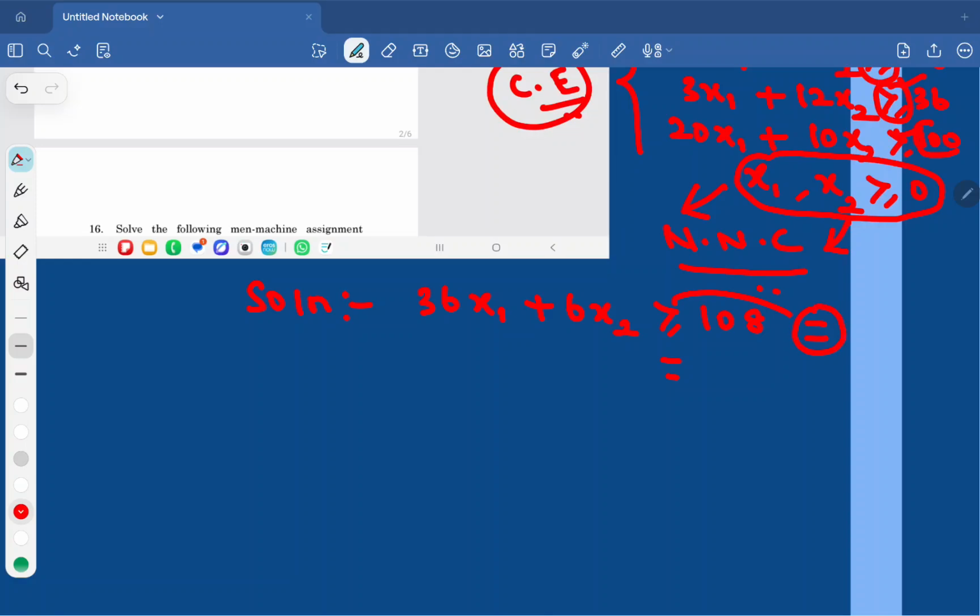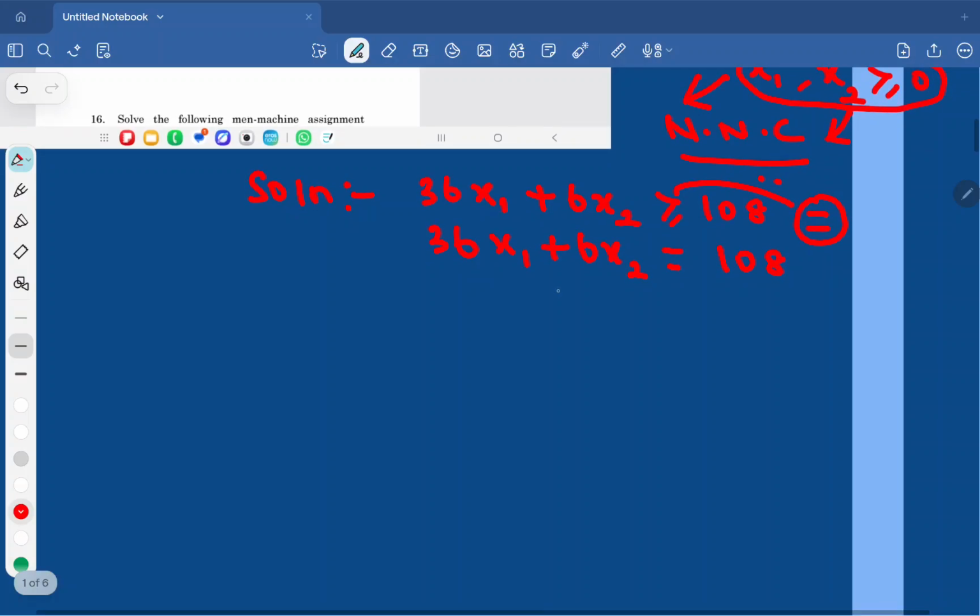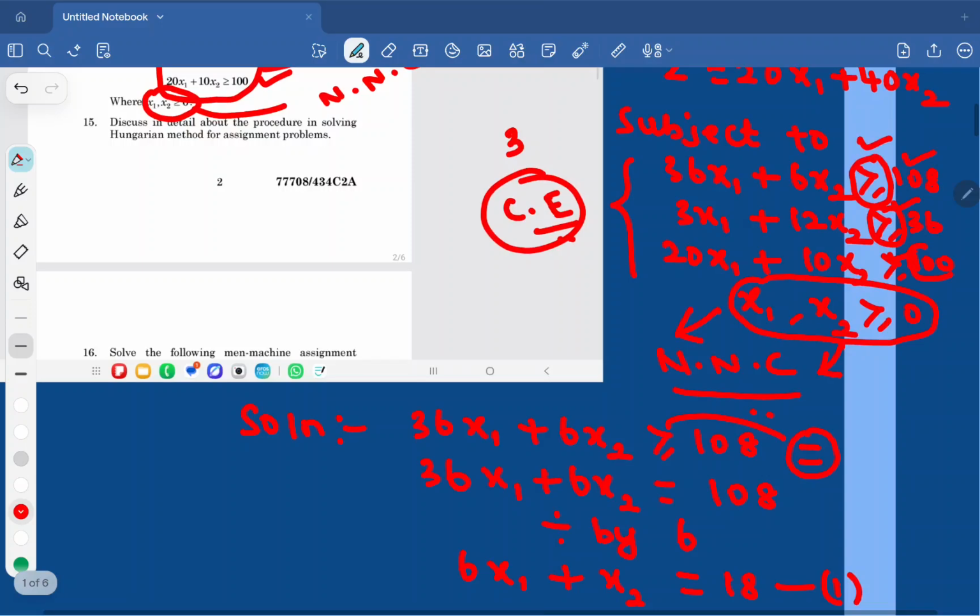Therefore, the constraint equation now becomes 36x1 plus 6x2 equal to 108. Divide by 6: 6x1 plus x2 equal to 18. This is equation 1. Similarly, what about the second constraint?